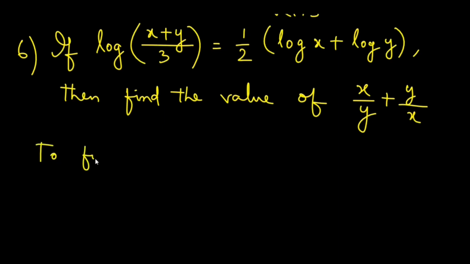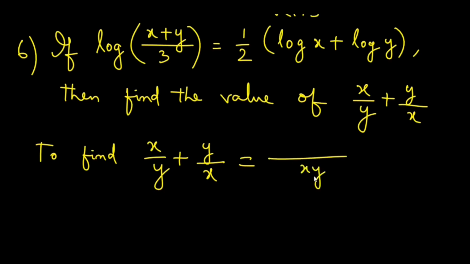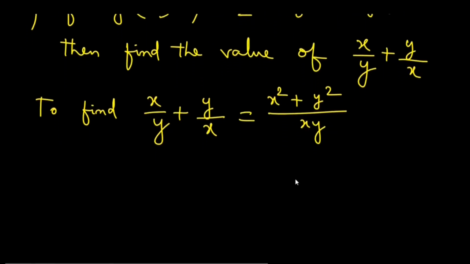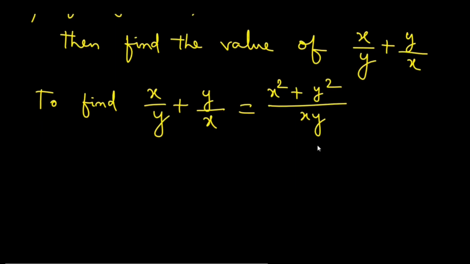To find is x by y plus y by x. So this one becomes, take xy as denominator, then the numerator becomes x square plus y square. If we want to find the value of x square plus y square by xy, we should know some relation between the numerator and denominator.